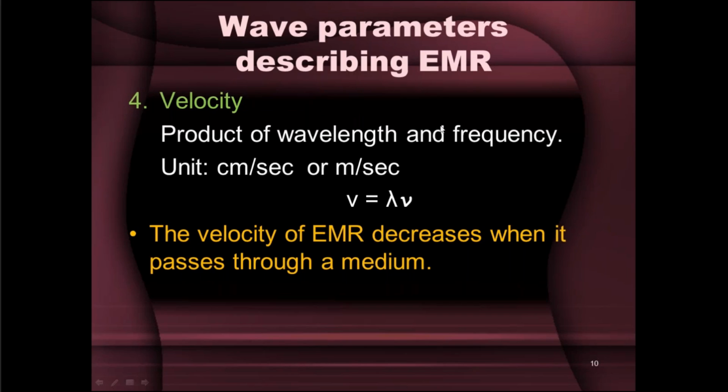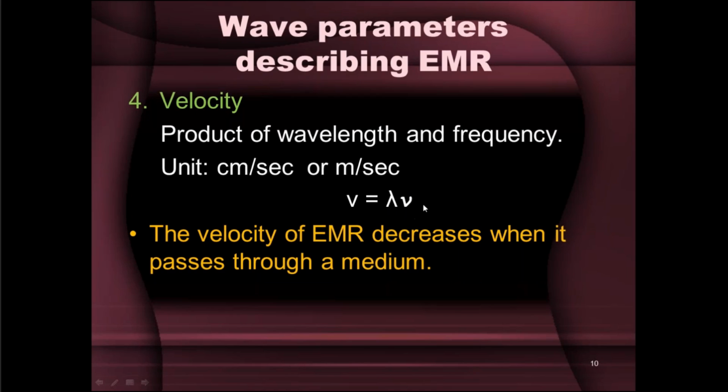And lastly, we have the fourth wave parameter, that's velocity. So what is velocity? It's the product of wavelength and frequency. Unit is centimeter per second or meter per second. Velocity is given by small v, which equals lambda nu, where nu is the frequency and lambda is the wavelength.